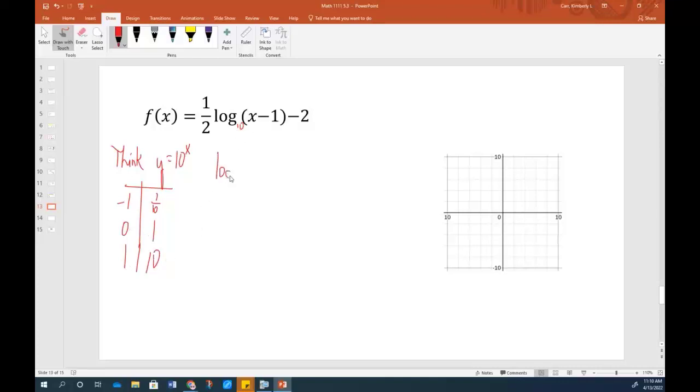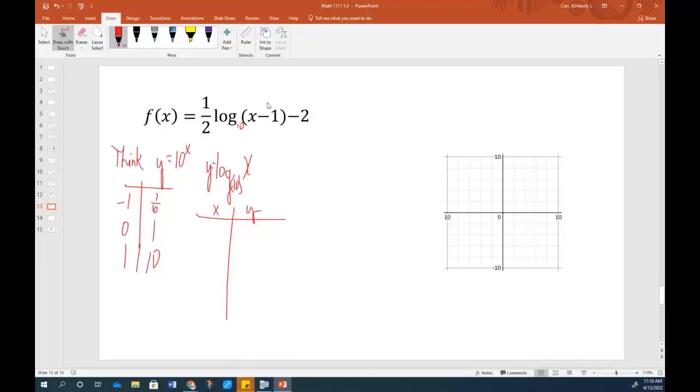Then for just the log base 10, which you don't need to write down, of x, I just need to reverse those. So I've got x and y. And I am writing this bigger and leaving myself some space because I know of something yet to come.